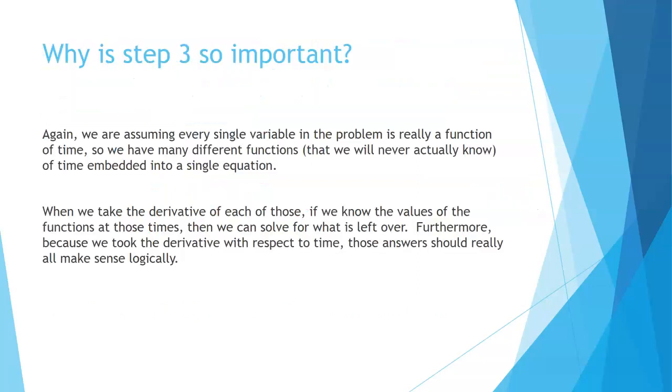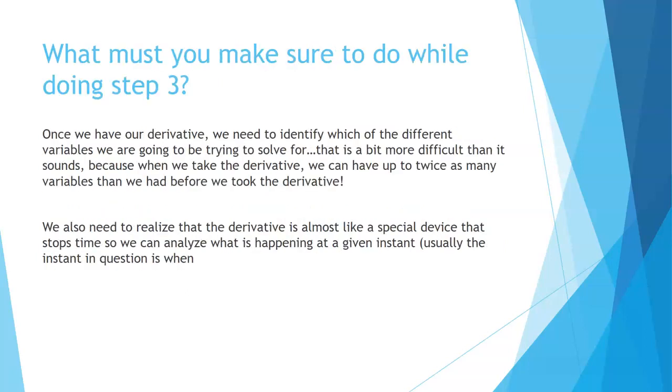Basically, for the longest time I had these functions of time embedded in the function that I didn't know about, but now once I take the derivative with respect to time, all of a sudden I can look at these in a more logical story problem manner when it comes to derivatives. If you remember in the first part we talked about time being a very important variable for us to use, so we just forced it into the problem.